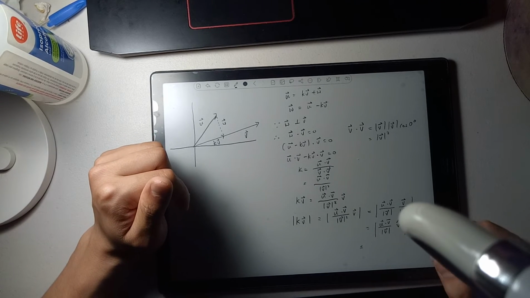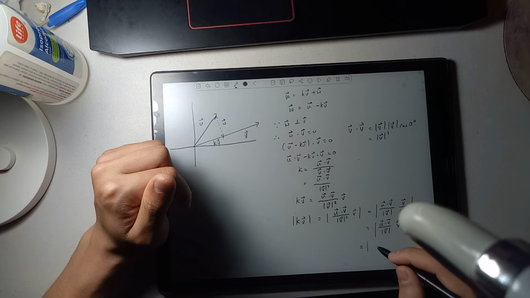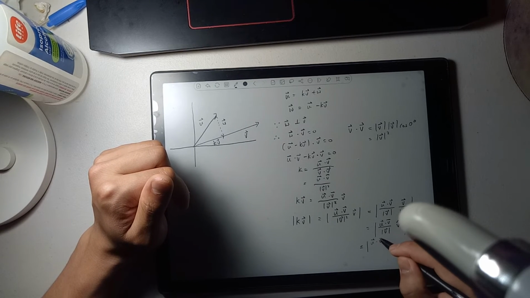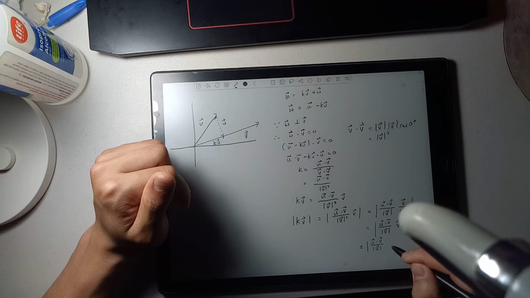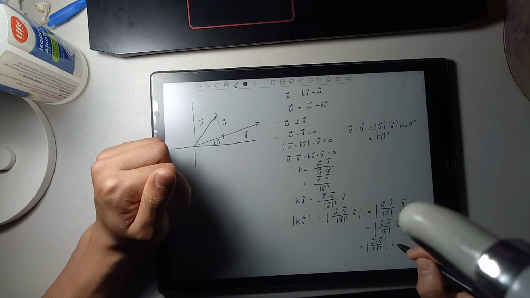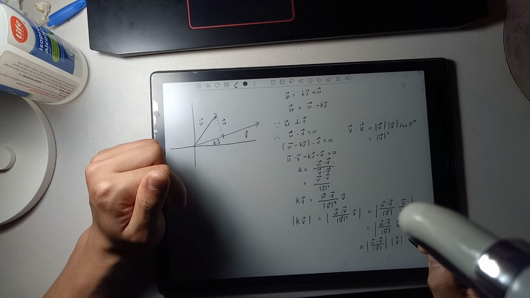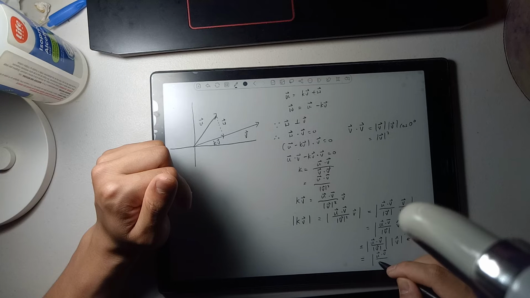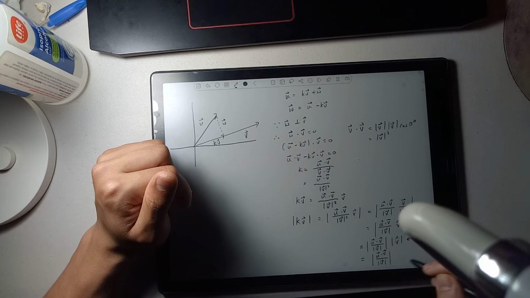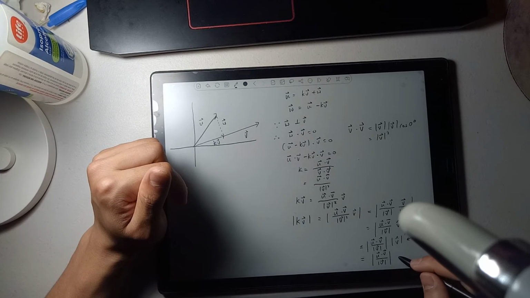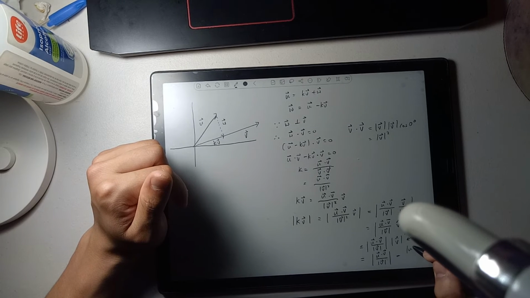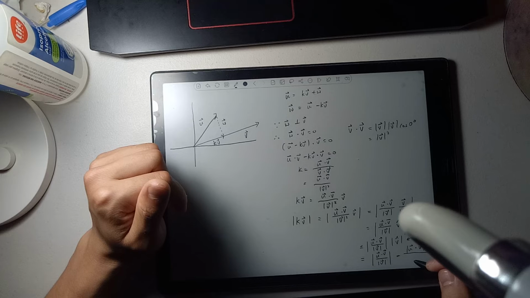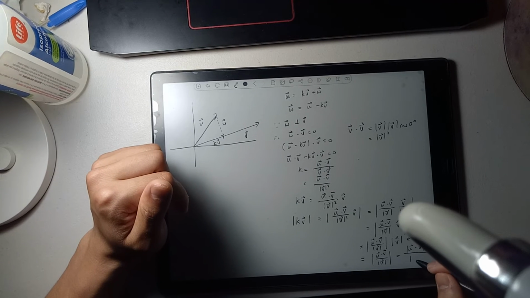separate this absolute value into the magnitude of u dot v over the magnitude of v times the magnitude of v hat, which is 1. So this is equal to the magnitude of u dot v over the magnitude of v, and I can simplify this into the absolute value of u dot v over the magnitude of v.